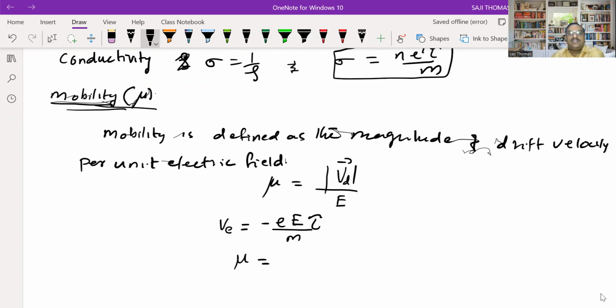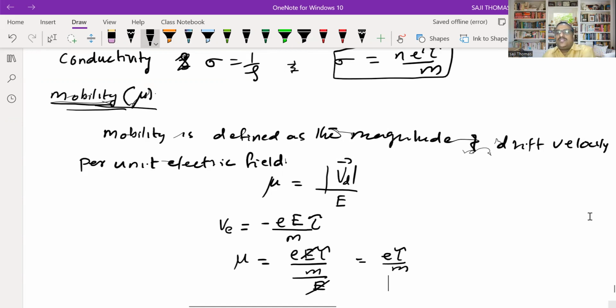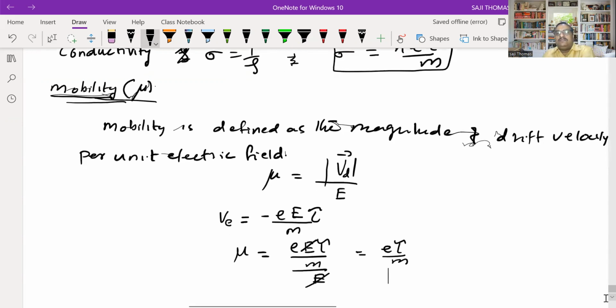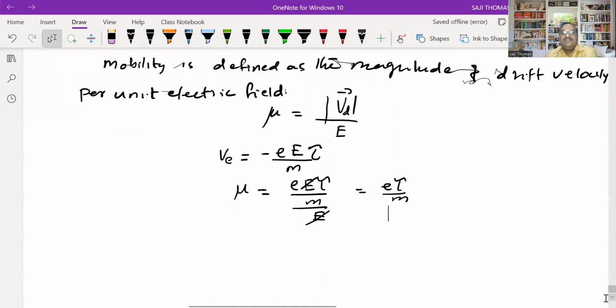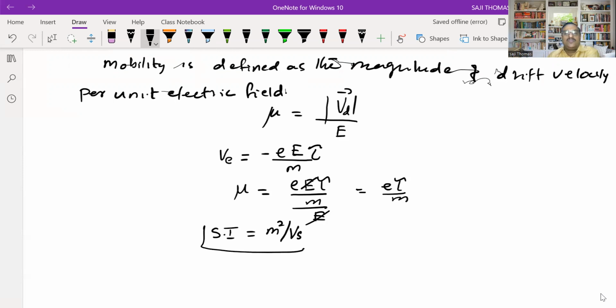Mu equals eE tau by m E. You can cancel this E. So we can write e tau by m. So this is the equation for mobility, e tau by m. The SI unit of mobility is meter square per volt second.